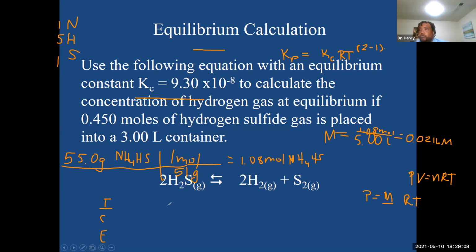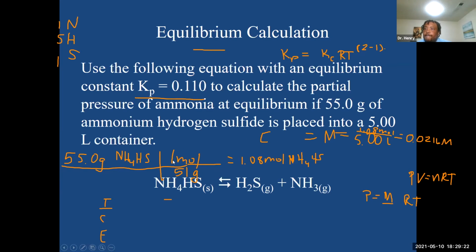So then if we have that, your initial concentration of our ammonium hydrogen sulfide. And if we had a temperature, we could have actually calculated it here and we could just use Kp, right?